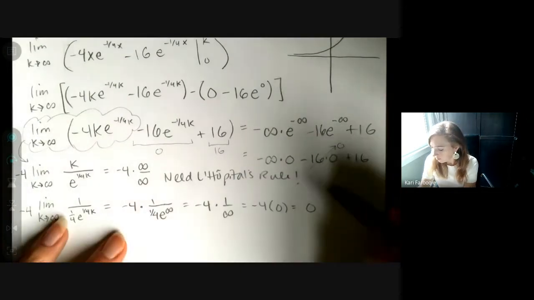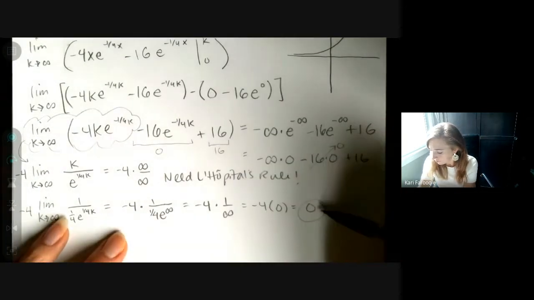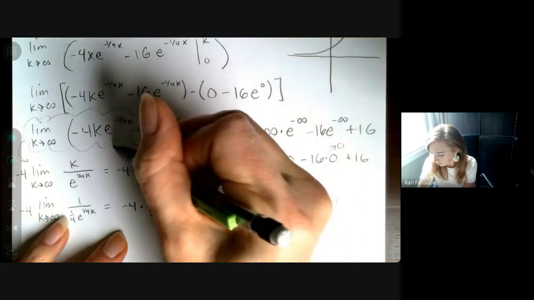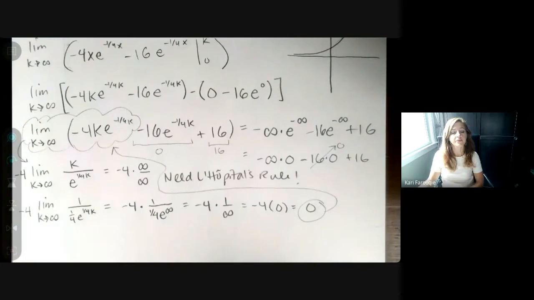So now you can say that this limit works with that term. So you're sort of looking at each term separately. A lot of times, only one of the terms will end up needing L'Hopital's rule and giving you an indeterminate form. But now we've used L'Hopital's rule. We were able to simplify that down.